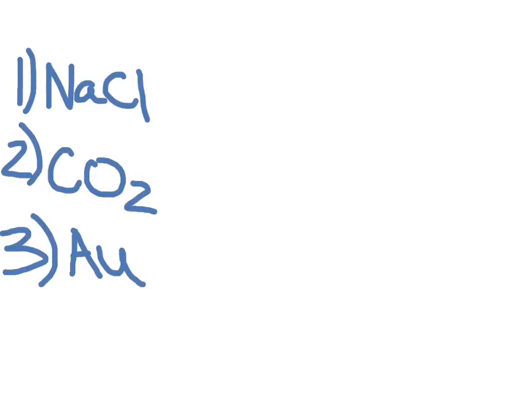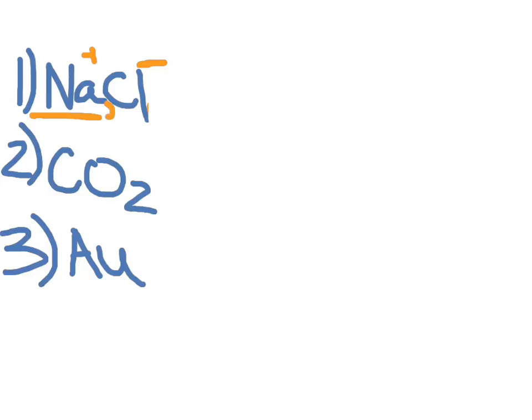Alright. So as you can see, if you look at your periodic table, Na is a cation. It's a plus. It's actually a +1. Cl is an anion. It's a -1. As you can tell, because there's no subscripts here.